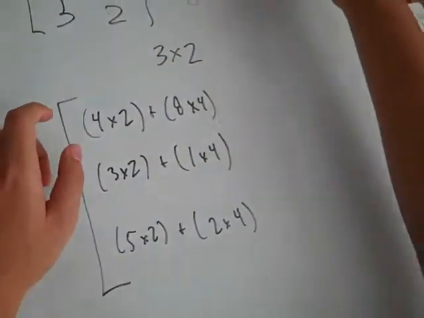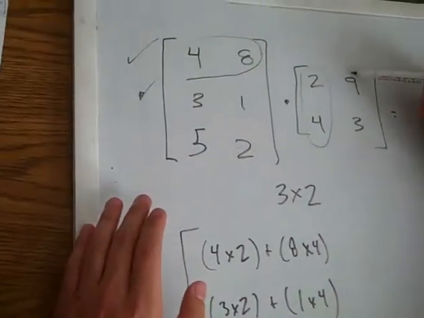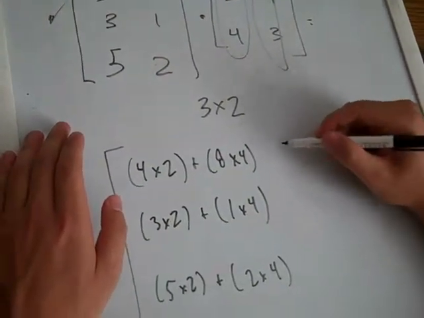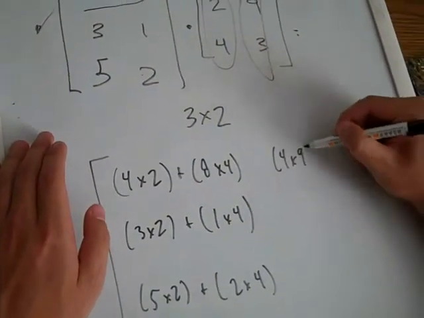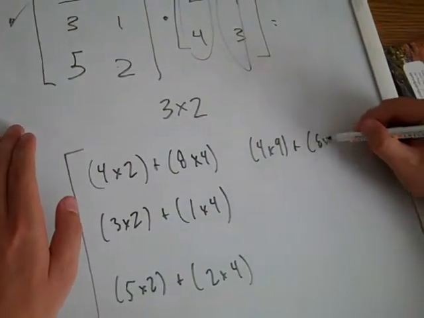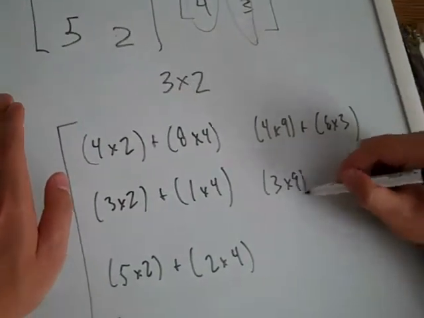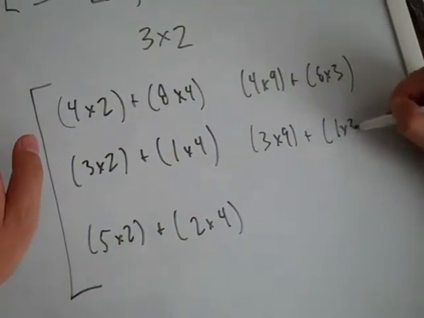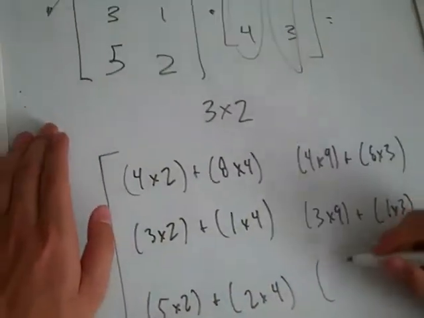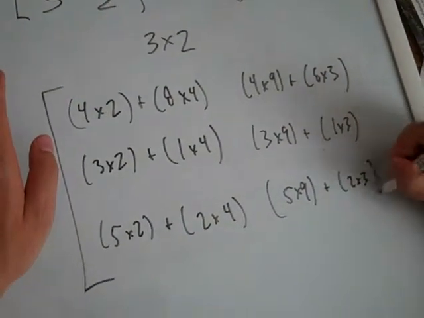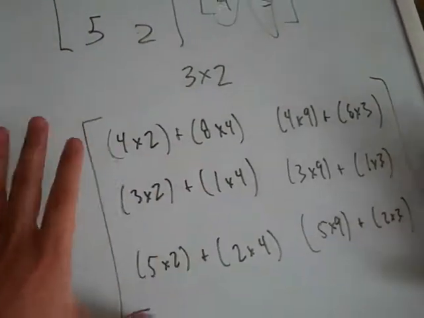Next column, we use the same rows, but we go to the next column on the second matrix. So now we do 4 times 9 plus 8 times 3. This one is 3 times 9 plus 1 times 3. And this one is 5 times 9 plus 2 times 3. And this will be your answer to the matrix.